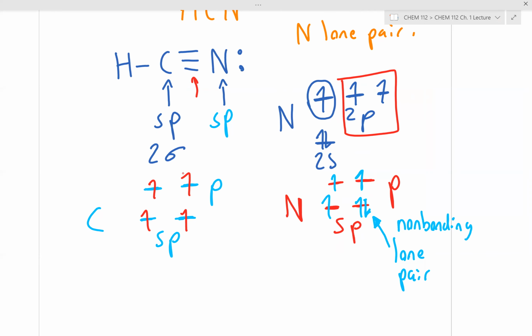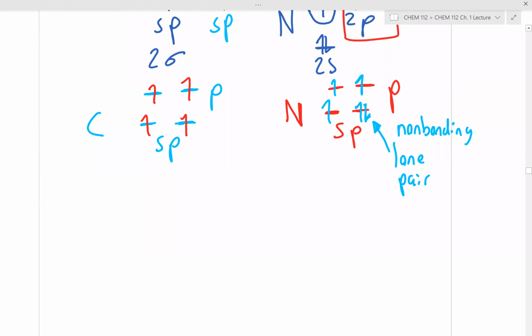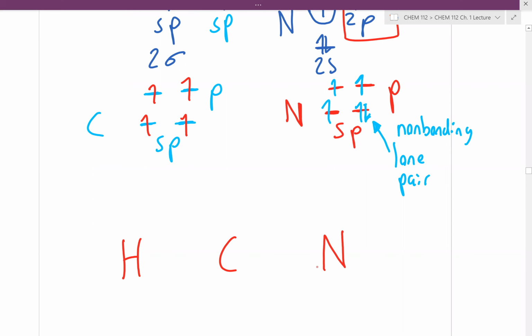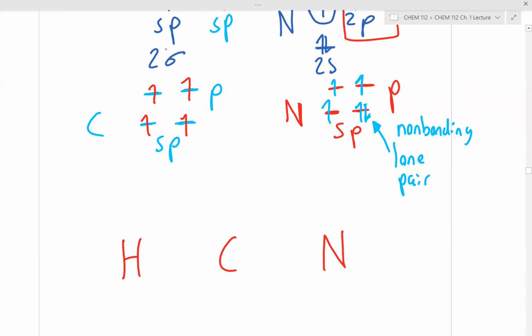Okay. Now that we have our pictures established for our sp hybridized carbon and our sp hybridized nitrogen, let's draw out each of those orbitals. So first things first, I'm going to draw my skeleton. So we have HCN, a hydrogen, carbon, and a nitrogen. To form this carbon-nitrogen bond, our first sigma bond, what orbitals are we going to use?